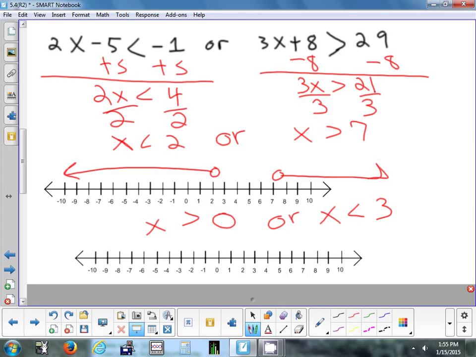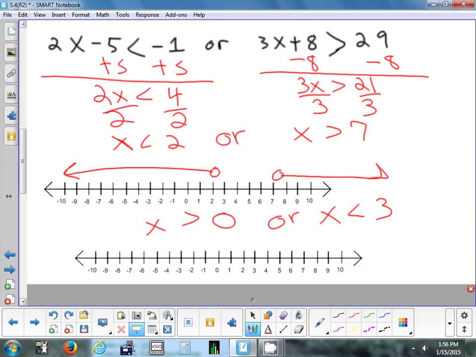All right? And then I got Eli. So I got an open circle at 0, going this way. Now I want to do this. What does this say, Eli? So how do I graph that? I got this going this way, that going that way. What's that situation mean?